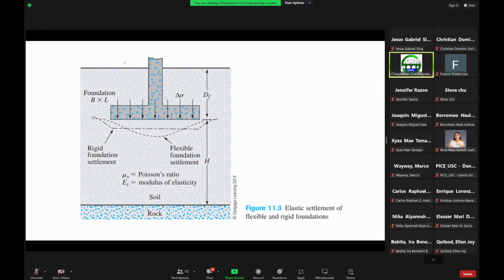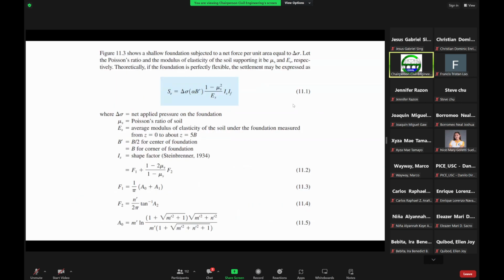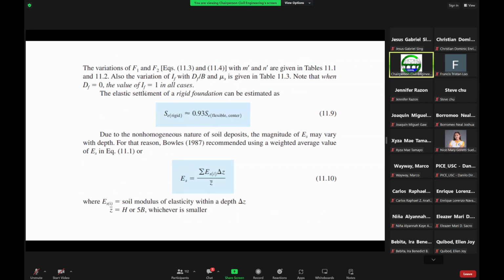Normally we have an embedment depth to have some stability. Nevertheless, he mentioned here that if d sub f is zero, then the value of I sub f is equal to one in all cases. But in practice we don't have that.